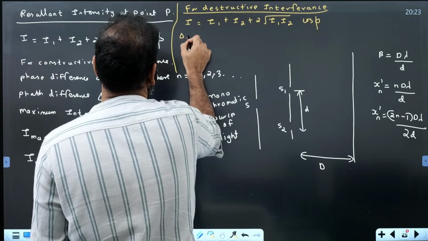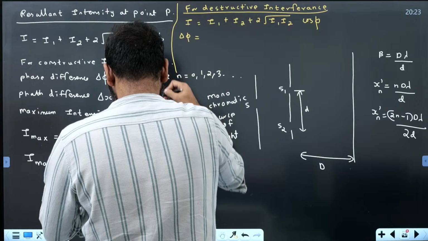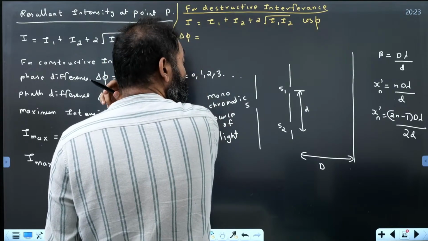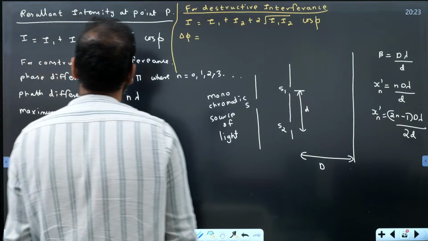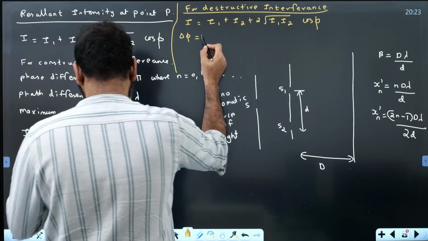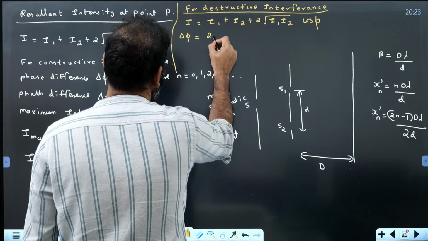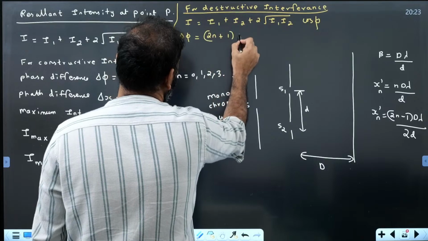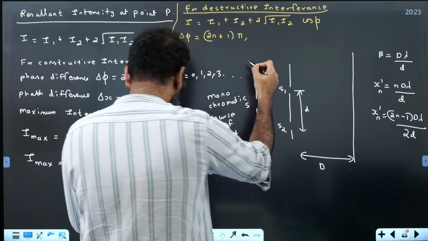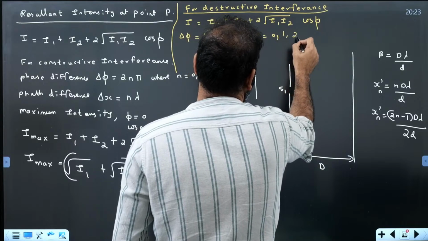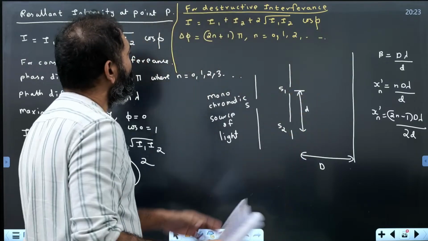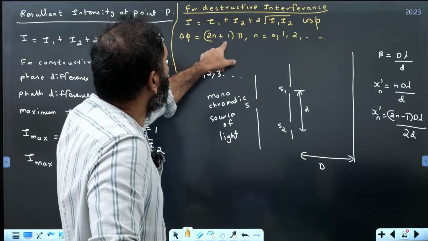So delta phi, the phase difference, is equal to, the condition is (2n plus 1) into pi, where n can have value 0, 1, 2, 3, that we know. If you put 0, it is pi.